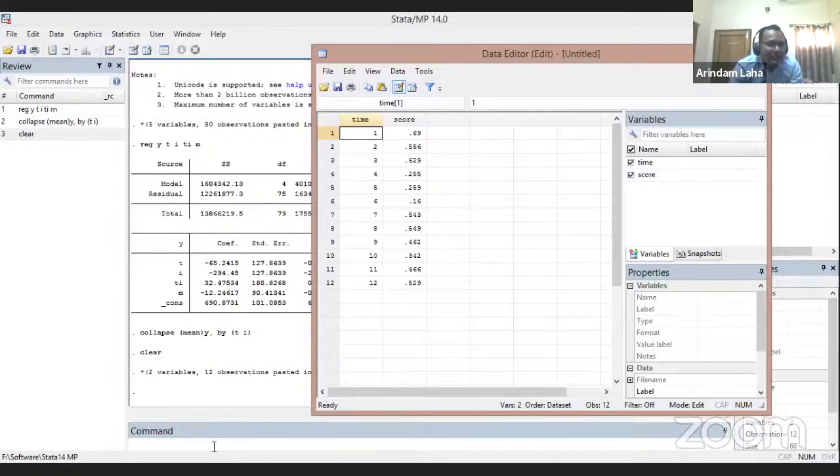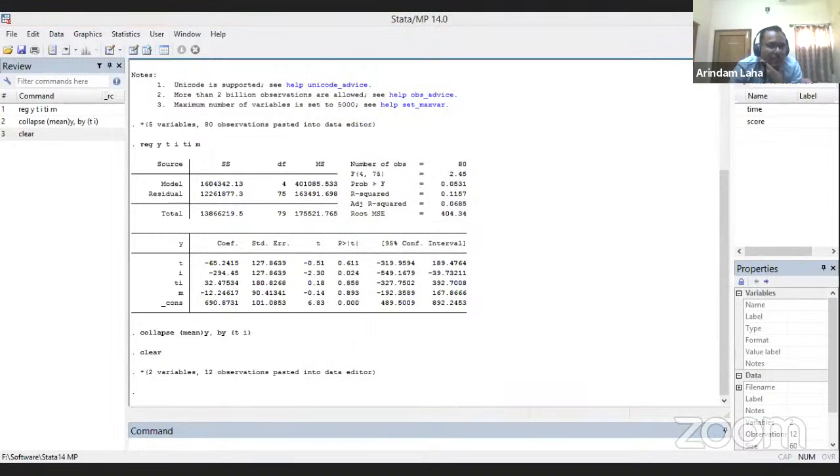Okay. Now what you have to do? At first you have to type this command: regress score time.